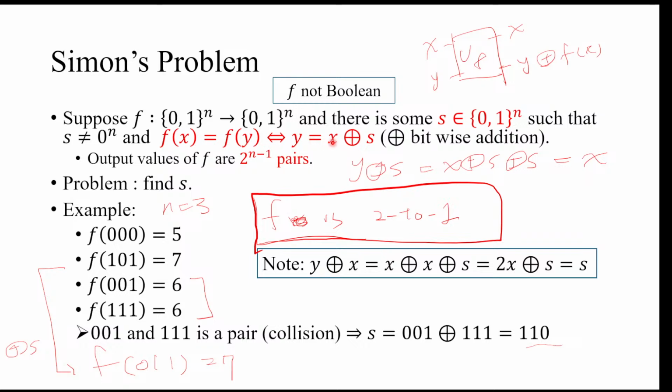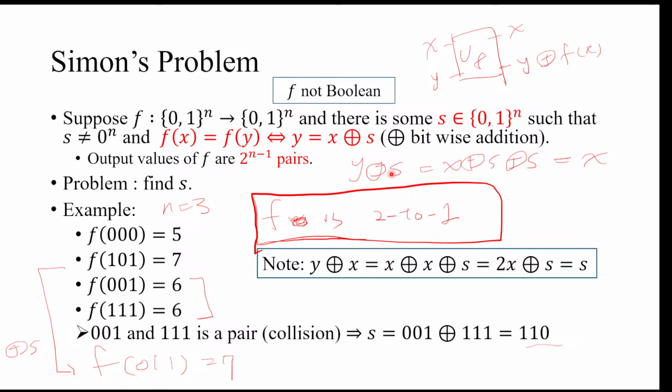This is 2-to-1 because this relation pairs together just one x and one y. In particular, if you ⊕ with s once again, so you have y ⊕ s, then we get back to x. So this relation is symmetric between x and y.